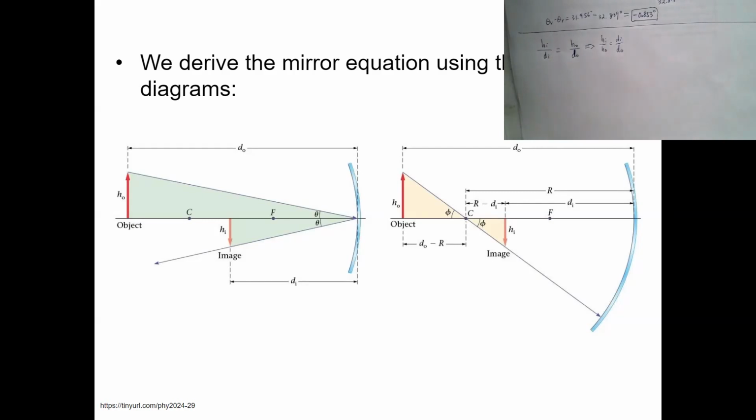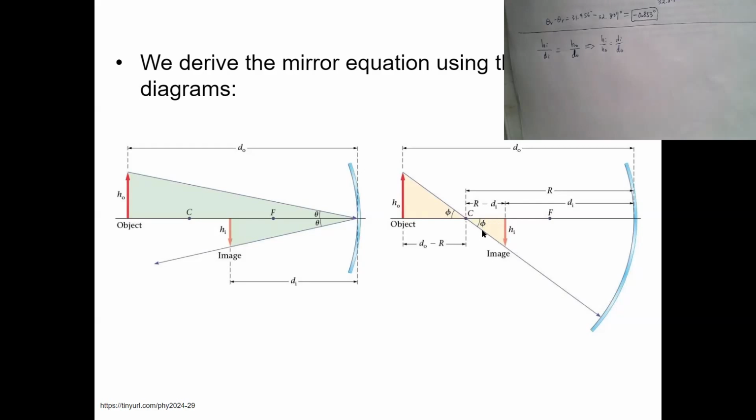Also, let's look at the right figure here. If you draw a ray that goes through the center of curvature, it should also go through the image. In this figure you'll have two little shaded triangles. They are right angle triangles with one angle equal from one triangle to the other, so they are again similar triangles.